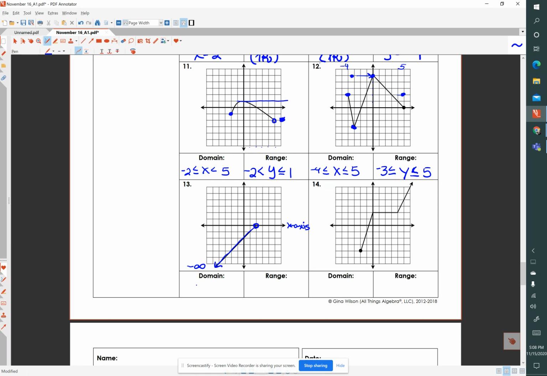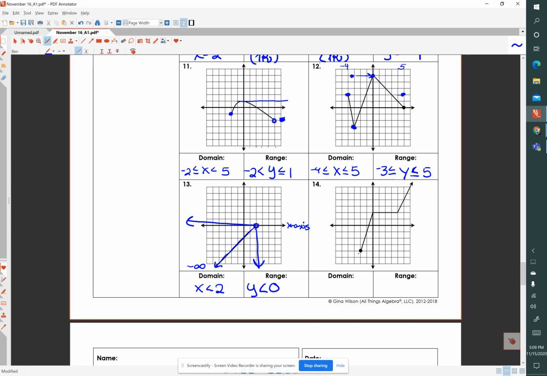So that would mean that x is everything less than 2, so just x is less than 2. Y is everything, so everything this way is part of the domain, but everything this way is part of the range. So y is less than, and this is 0, 0, because that point does lie on the x-axis.